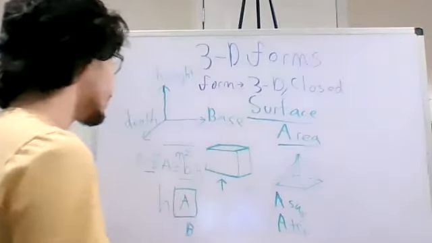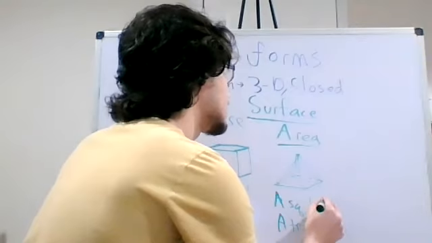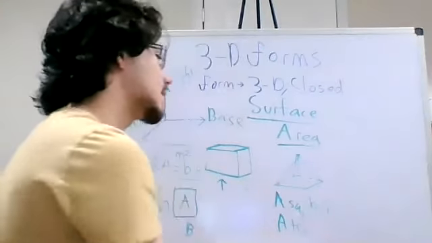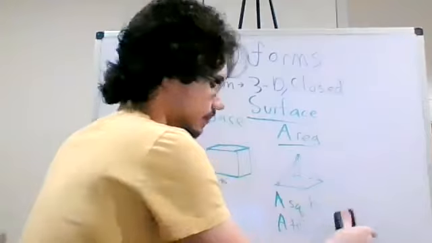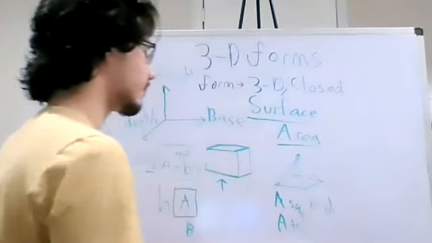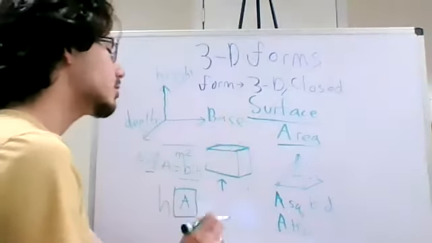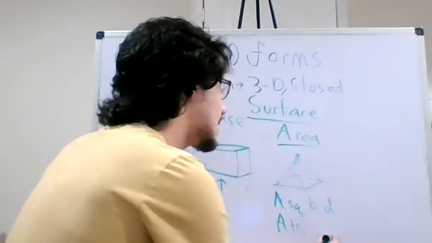So as we said before, the area of a square is base times height, or in this case, base times depth. We know that the area of a triangle is base times height.